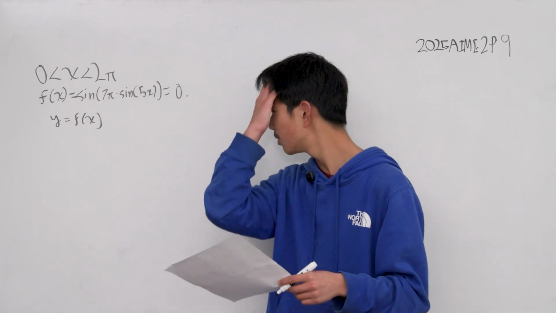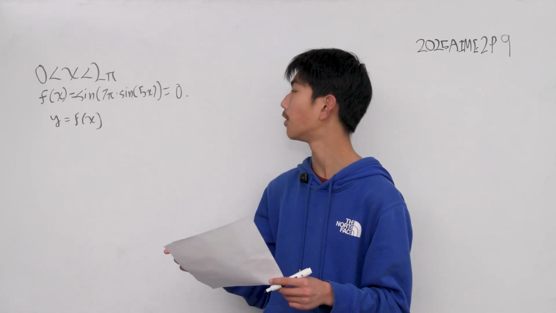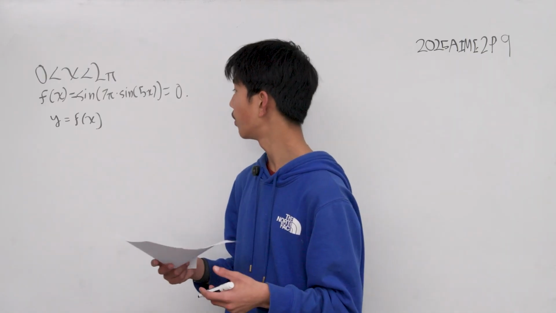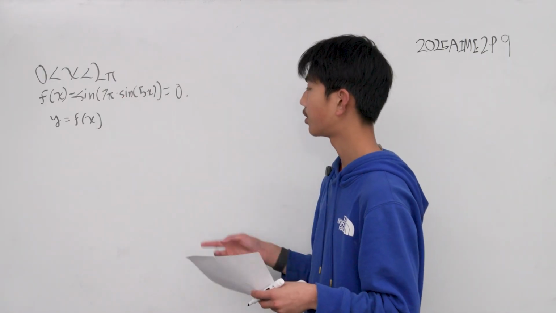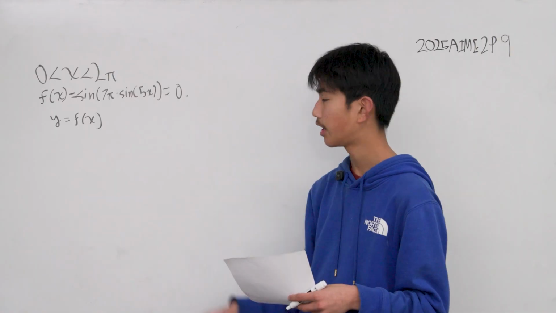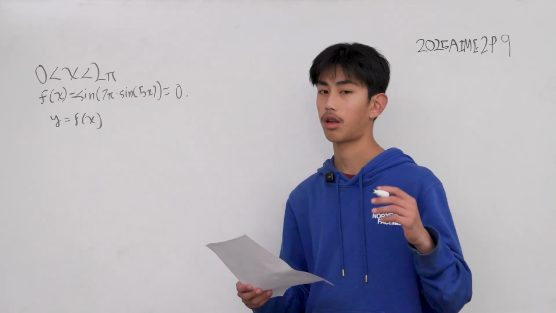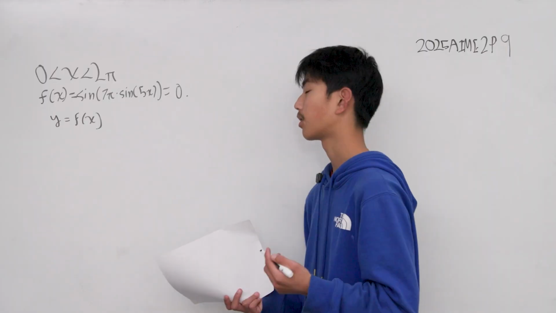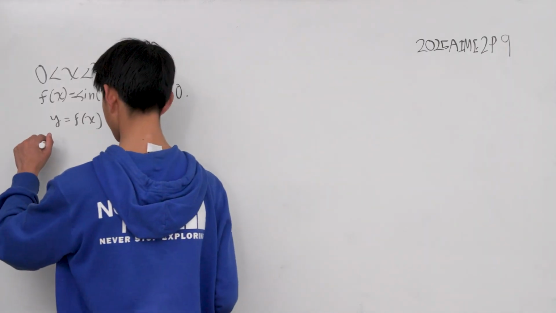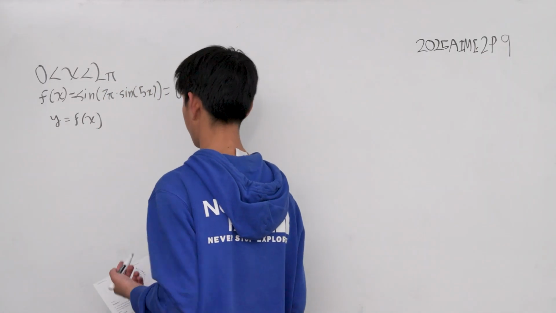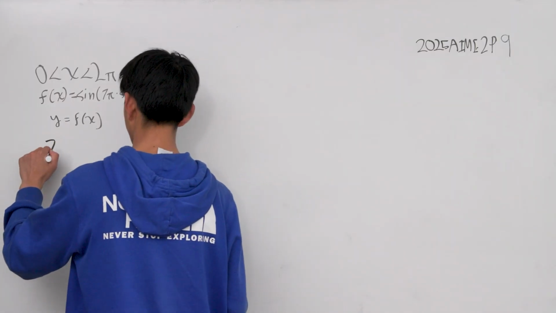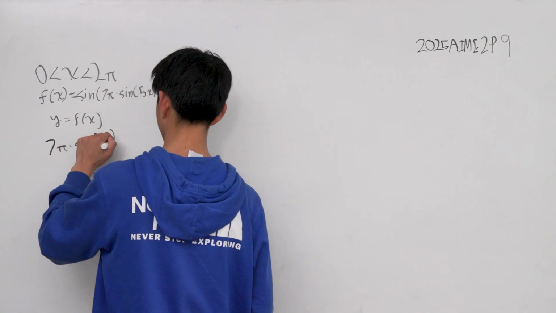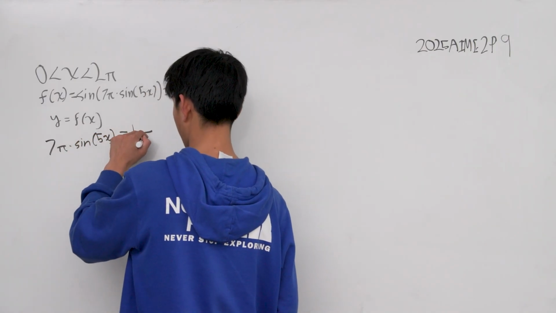For this problem, we have this equation. For this to be equal to 0, what's inside of this sine has to be equal to some integer k times π. So if this is 0, 7π sin(5x) equals kπ.